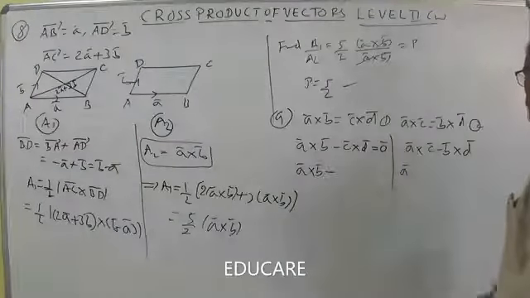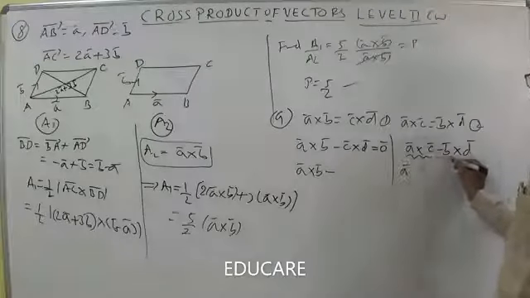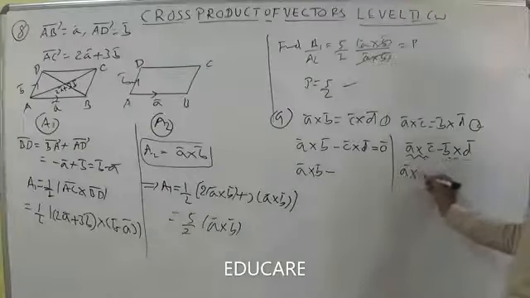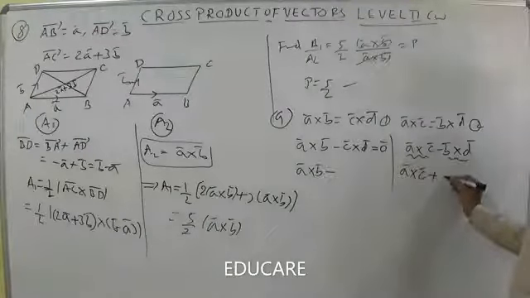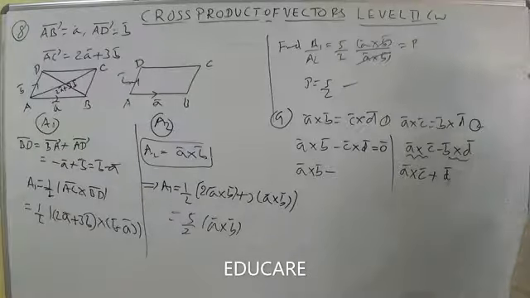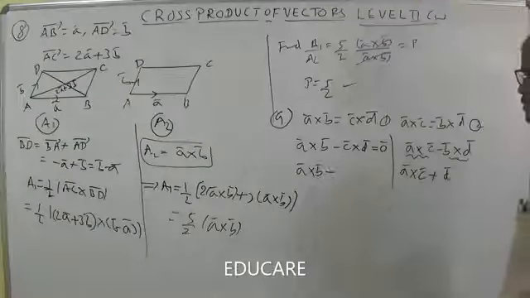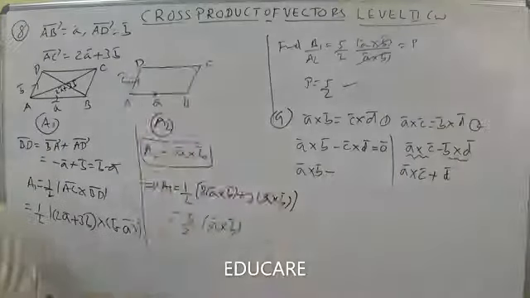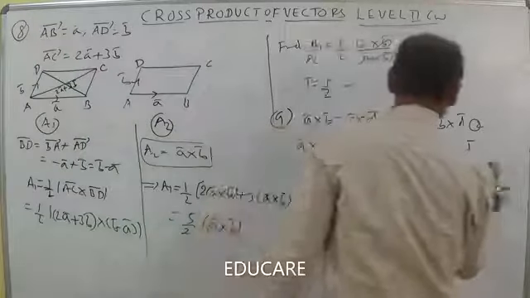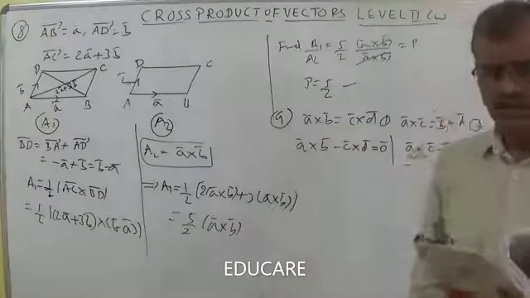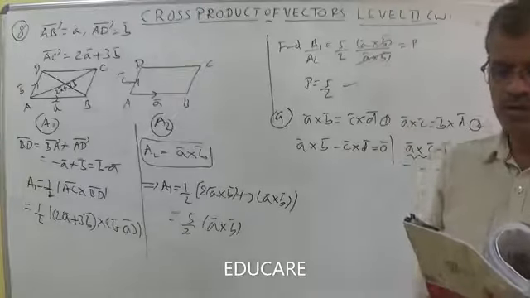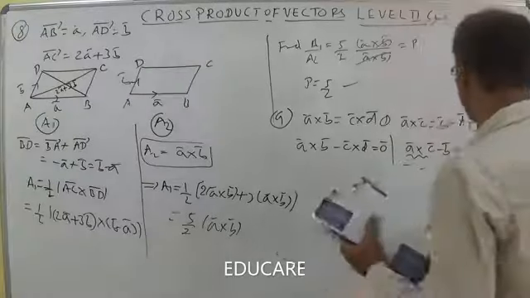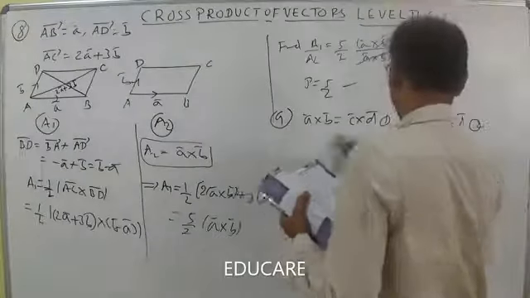If you take B minus C, A minus C, right? Let us read the data. A bar cross B bar is equal to C bar cross D bar and A bar cross C bar is equal to B bar cross D bar, given. Like this we may not get it.